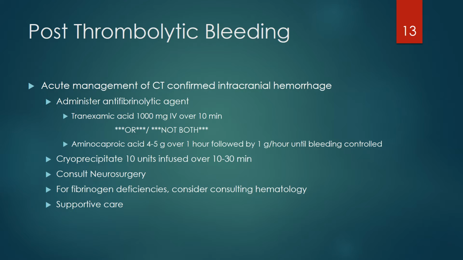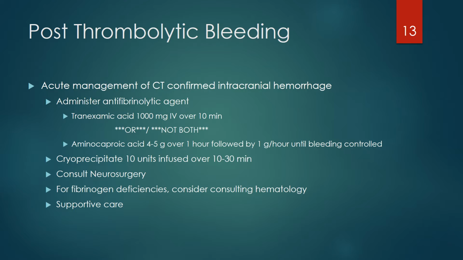For acute management of CT confirmed intracranial hemorrhage, you generally want to give an antifibrinolytic agent, which would be either tranexamic acid or aminocaproic acid. You can see the doses there. Obviously, with tranexamic acid, we're going to give a gram over 10 minutes, versus aminocaproic acid is a 4 to 5 gram bolus followed by a gram an hour until you get your bleeding under control.